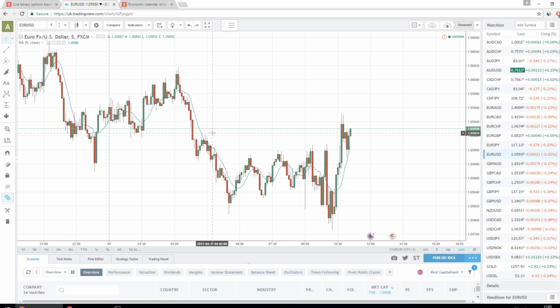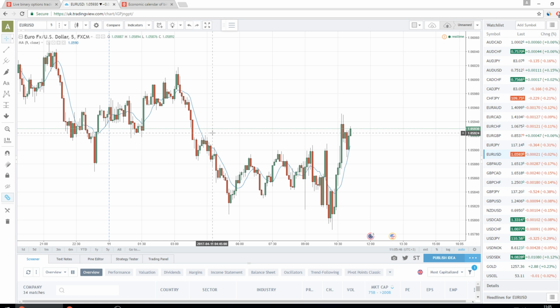Moving average is part of many other indicators. One of the most popular is the MACD, which also includes the moving average in its calculations.